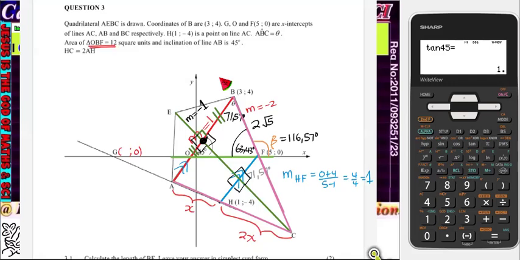Yes, you can calculate C. All right, how are we going to get C? What are you thinking? I think you can use the midpoint formula for BC, because you're given F.